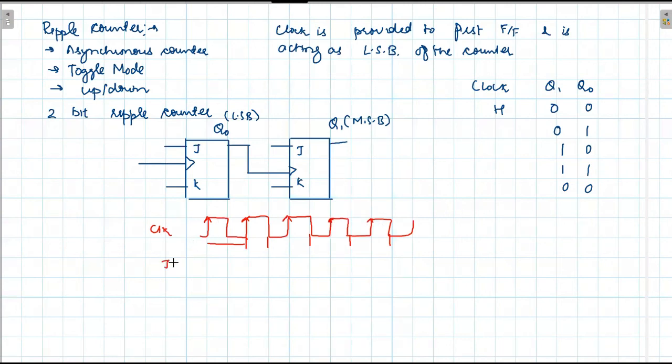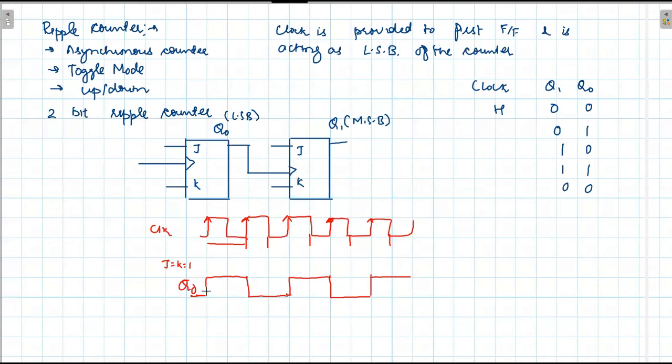Now we know that J and K are 1, and the first is Q naught. Initially we think that all the systems are cleared. So the input is high, so it is going to toggle. Toggle means 0 becomes 1, and on the next pulse again it becomes 0, and at the next pulse it becomes 1. Again at this pulse it becomes 0, and again at this pulse it becomes 1. So this is how your system is behaving when you are actually applying the inputs.